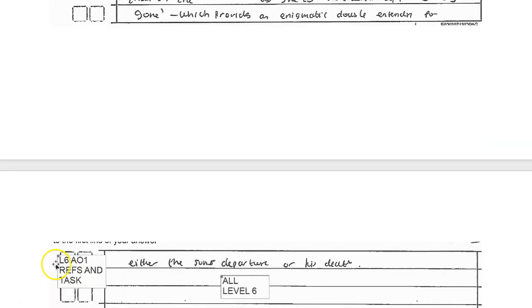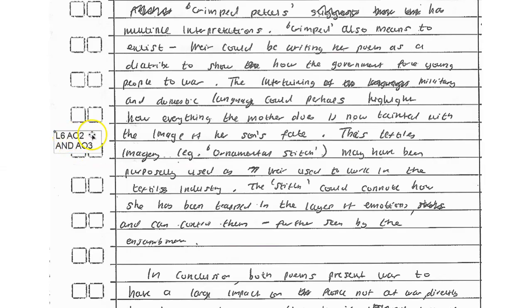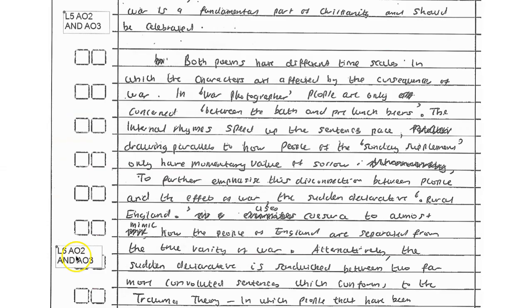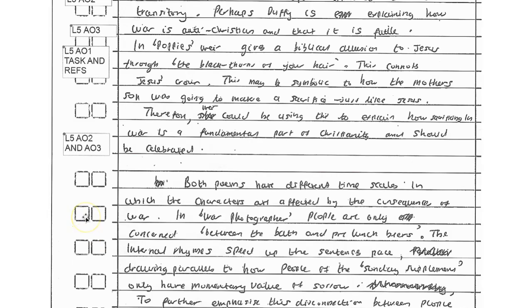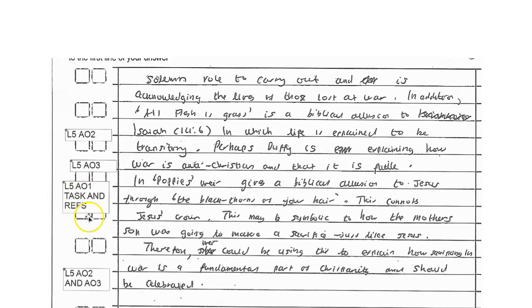Now notice the examiner's been hanging around hoping to give a level 6 AO1 comment. If we go up, there's AO2 and AO3, context and method. And there it was again when we were looking at structure, context and method. So we have to keep going right back towards the beginning for a comment about language, which was only, I say only, it's still brilliant, level 5.